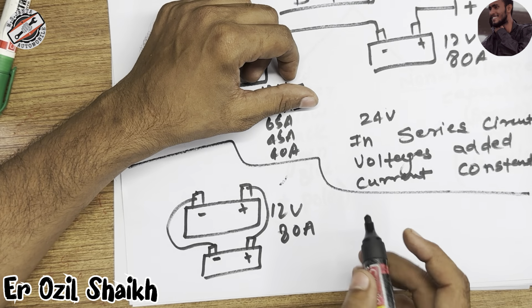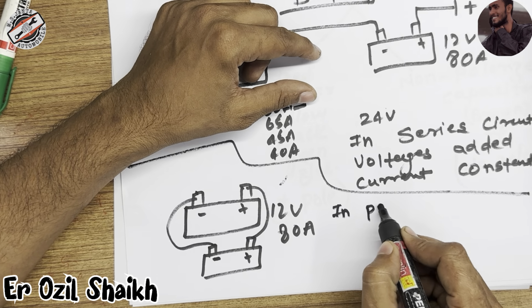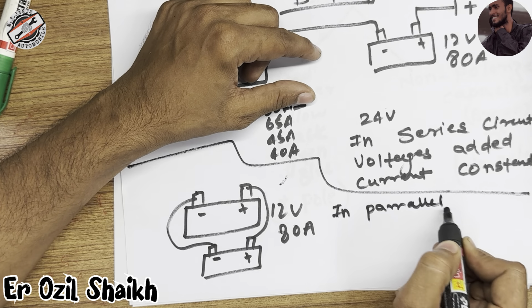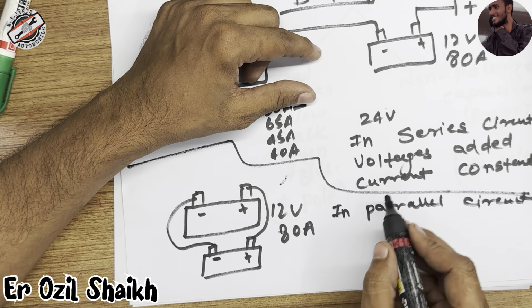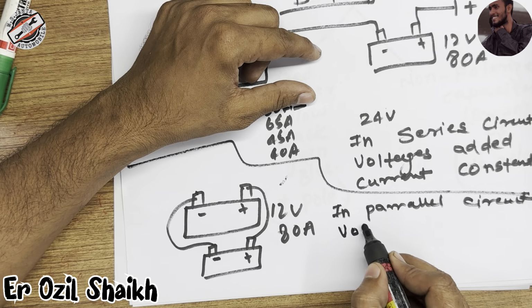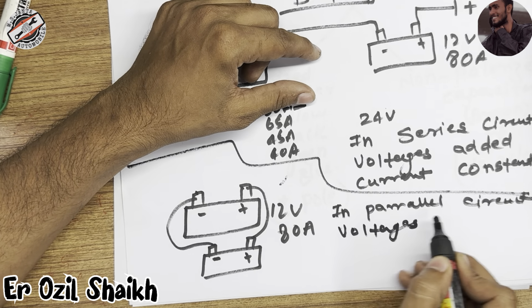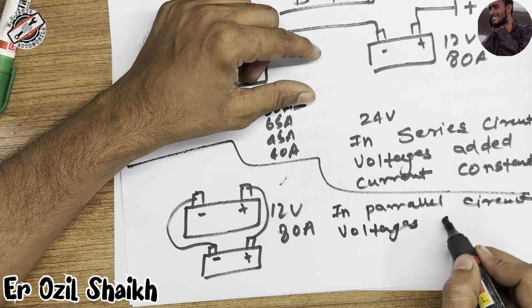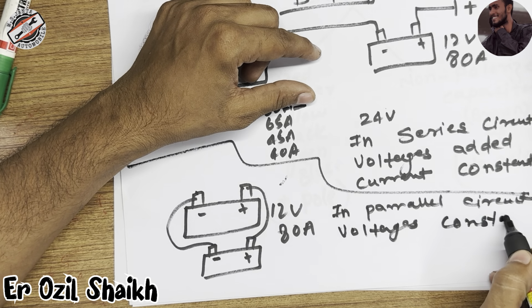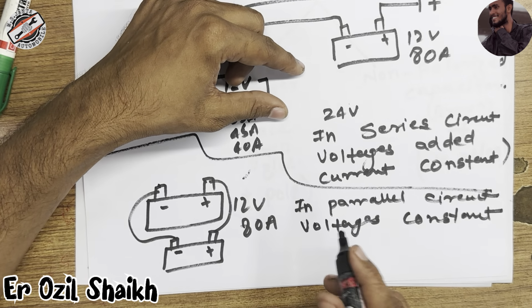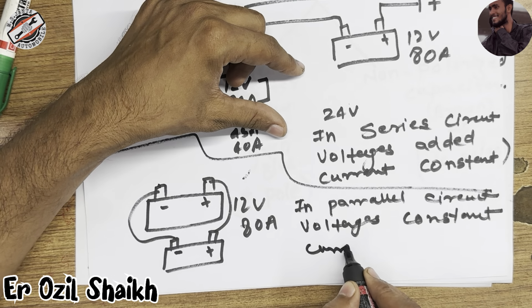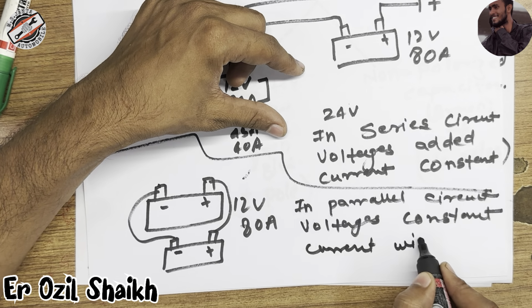So in a parallel circuit, voltage is constant. Constant means what? It will be the same, no change. Okay, voltage constant, and current will be added.